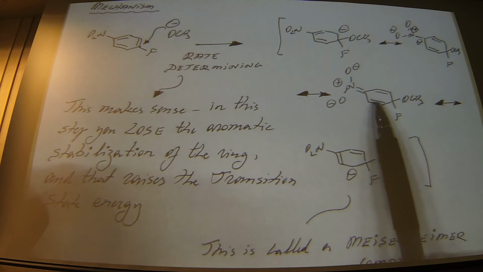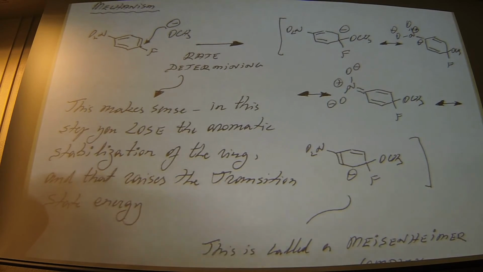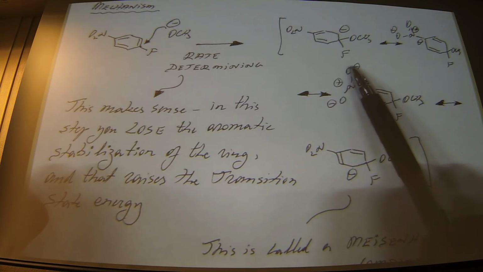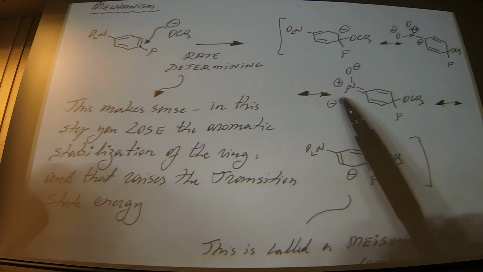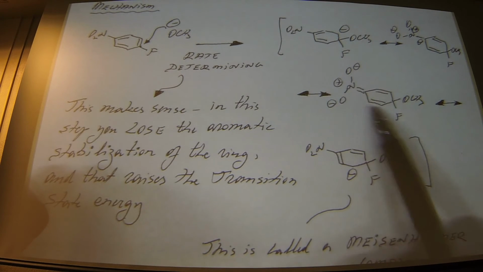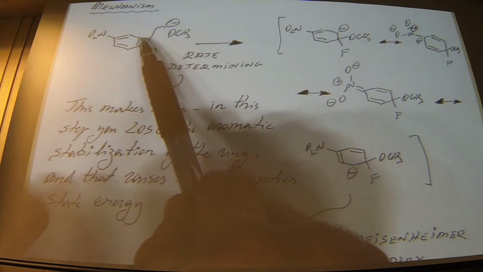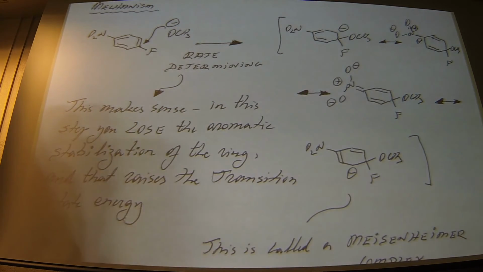Because all atoms have a complete octet, and the negative charges, if you will, are on the most electronegative oxygen atoms. And so I'm not going to be able to end up with this kind of a very stable resonance structure unless the nitro group is either para or ortho. If the nitro group is meta, I'm not going to have this resonance structure.